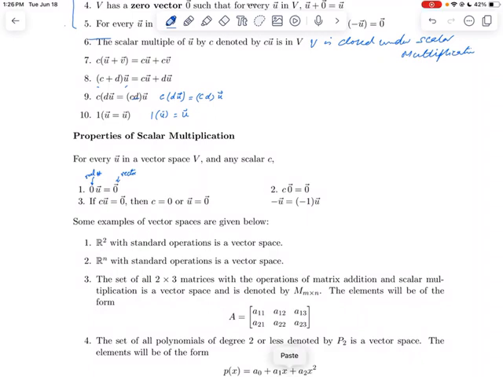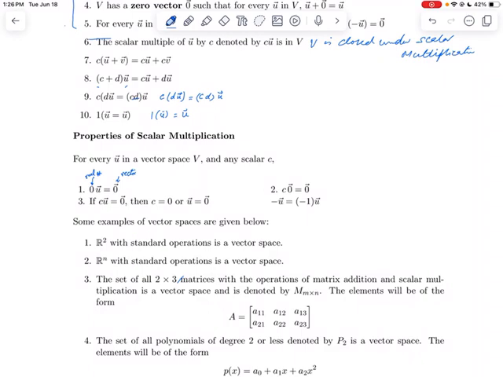Number 2, when you multiply the 0 vector by any scalar, you get back your 0 vector. Then number 3 is, if c times u is equal to the 0 vector, then either c is 0 or u is 0. This is like a zero product property with numbers.